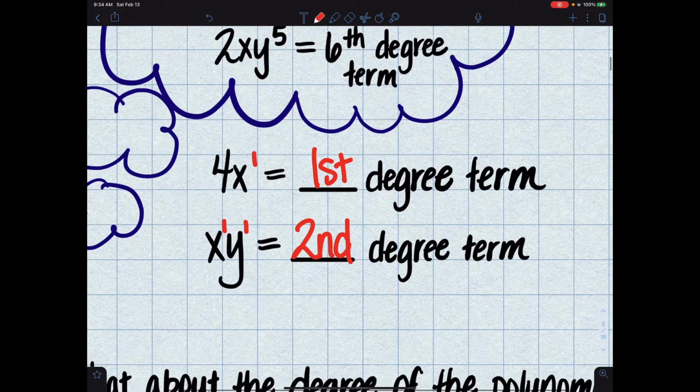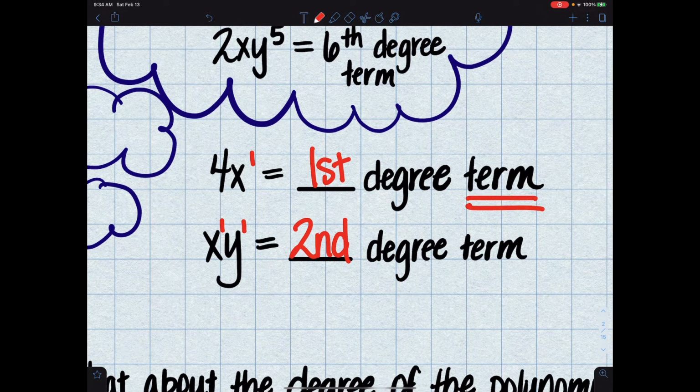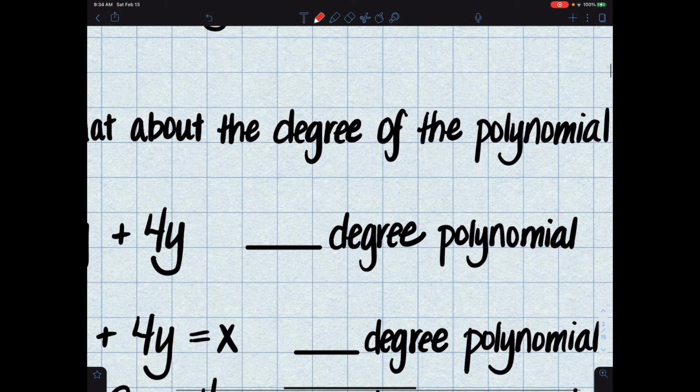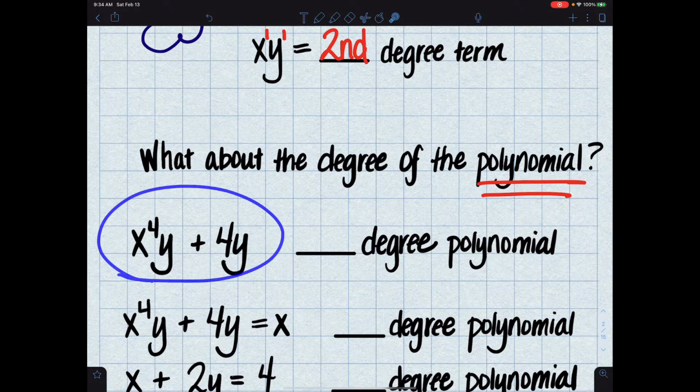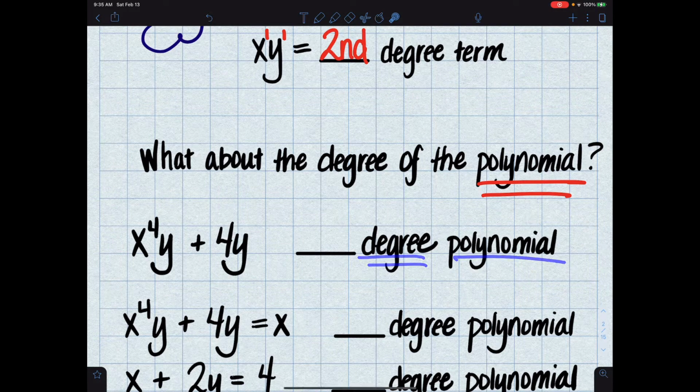All right, what if we're not talking about just a single term, but the entire polynomial? If we're talking about the degree of the whole polynomial, then you have to scan across the whole polynomial and decide which term wins the prize, because only one term is going to win the prize for the whole polynomial, and the degree that the polynomial gets is the term with the highest number.